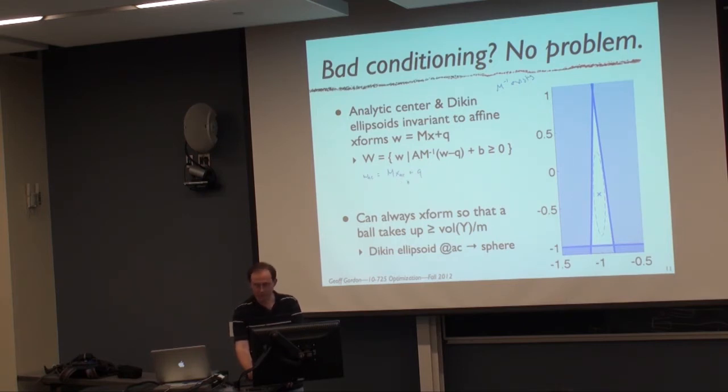And what happens to the Hessian? Well, you have H sub W is equal to M inverse transpose H sub X M inverse.